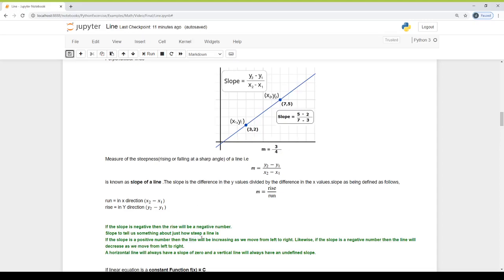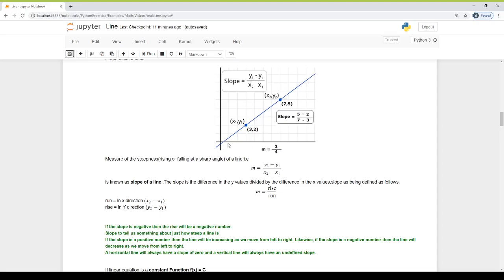Slope tells us just how steep a line is. If the slope is a positive number, then the line is increasing. For example, in this case, the slope is 5 minus 2 over 7 minus 3, that is m is equal to 3 by 4. Then we are increasing from left to right.